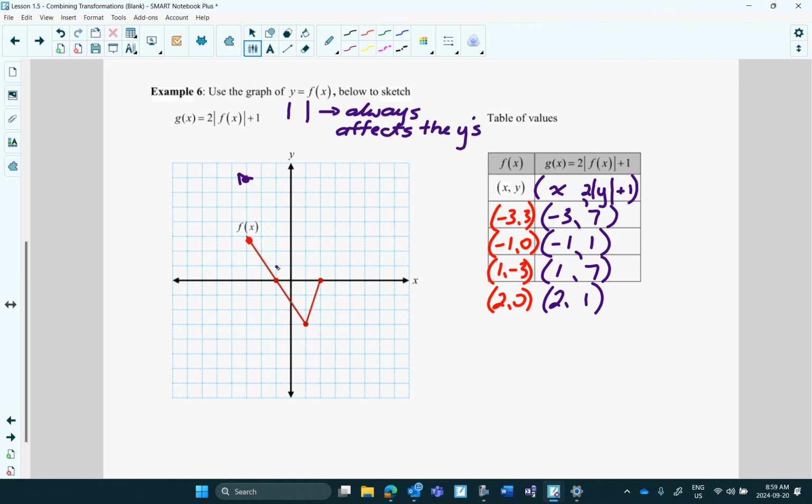Negative 1, 1. Connect. 1, 7. Connect. And 2, 1. Connect.